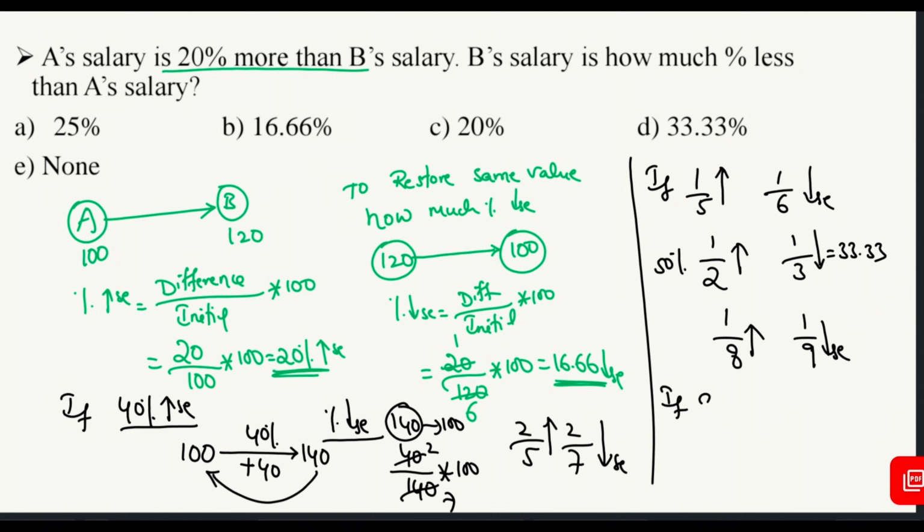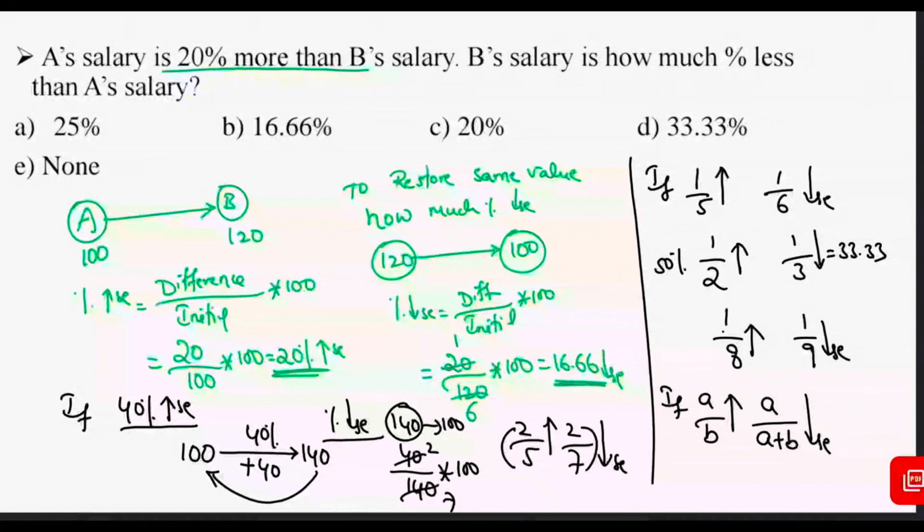If A by B is increased, then A by A plus B has to be decreased. If 1 by 8 is increased, 1 by the sum of numerator and denominator has to be decreased.